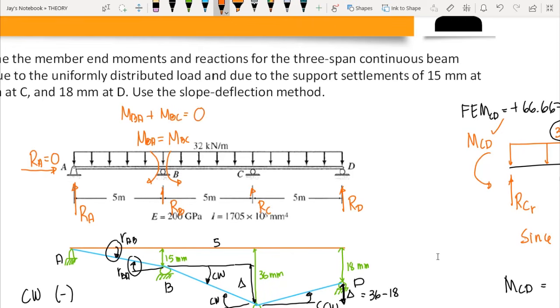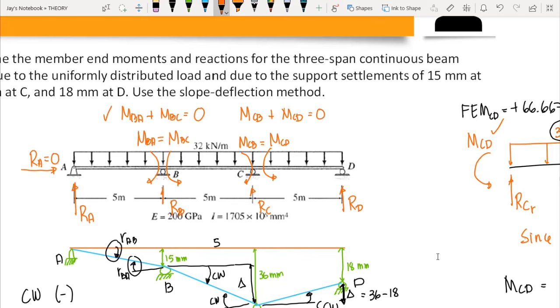The same goes for moment CB and moment CD: MCB plus MCD gives us 0 as well.